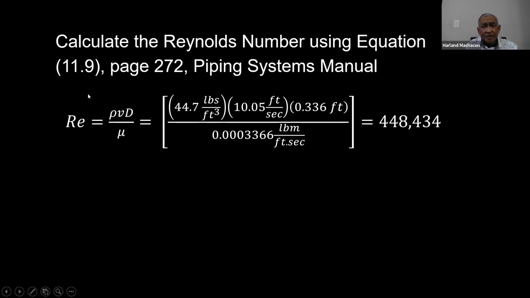Then we calculate the Reynolds number. We have the density 44.7 pounds per cubic foot, the velocity 10.05 feet per second, the inside diameter 0.336 feet, and the dynamic viscosity 0.0003366, and the result will be 448,434.